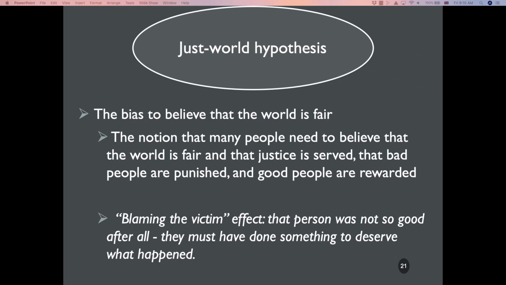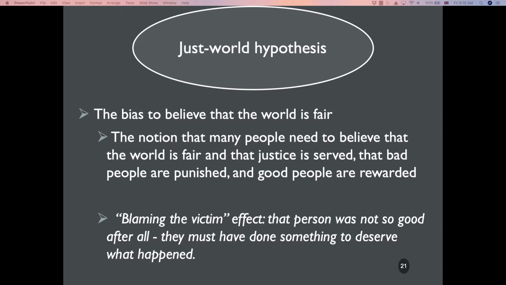We can also believe that the world is just. The world is fair. In English, we have a phrase, what goes around comes around. People get what they deserve.